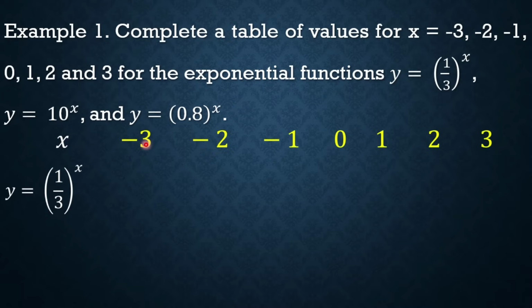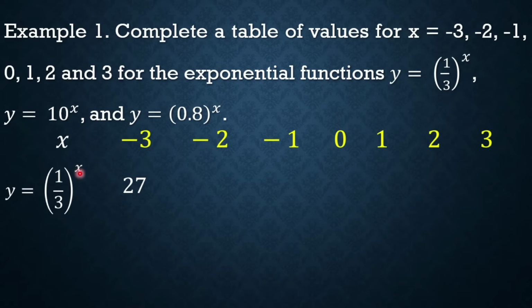So, ang gagawin lang natin, substitute lang natin si negative 3 in our x. Kapag ang exponent natin ay negative, kunin nyo lang yung reciprocal nito. So, magiging 3/1. So, 3 raised to 3, that is 27. Same process kay negative 2.